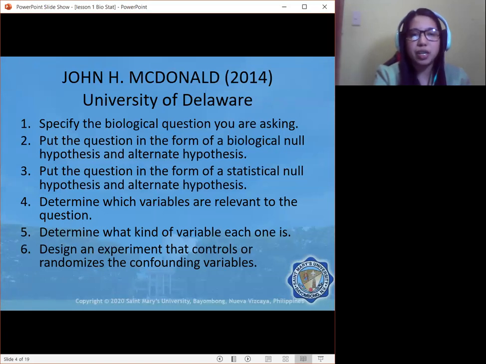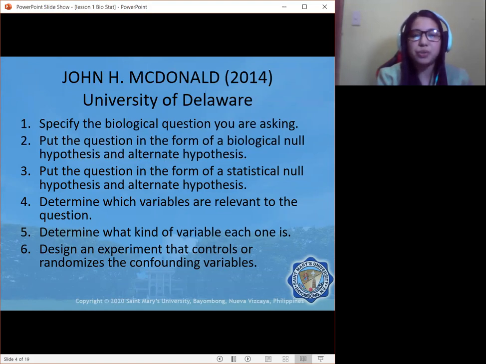So as mentioned here, you must be aware of what is, of course, the biological null hypothesis, alternative hypothesis, and the statistical null and alternative hypothesis. And with the nature of your data, for step 4, you have to consider determining the variables that are relevant to the question and determine what kind of variable each one is.